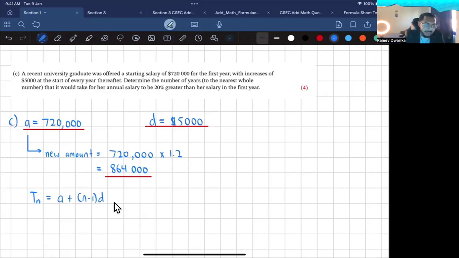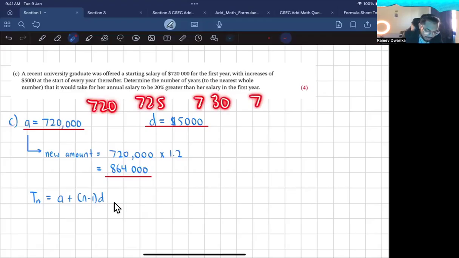Right. And Kira, remind me, we're trying to go up to what term? The term with what value? Remember how it will go: it'll be 720, it'll be 725, it'll be 730, it'll be 735. And we want to go all the way up to the term with what value? 864,000.